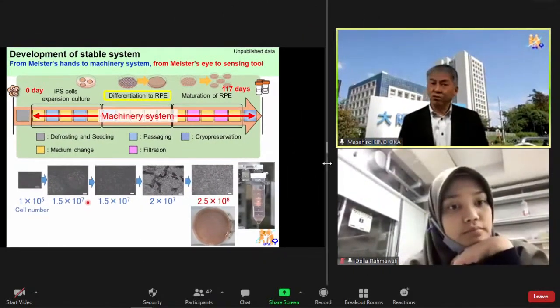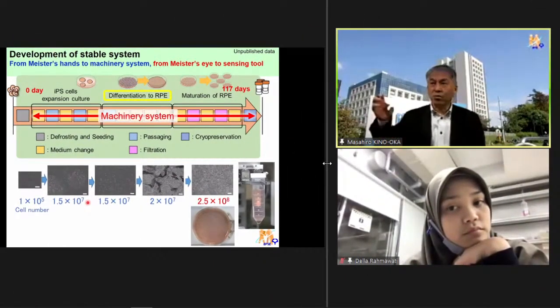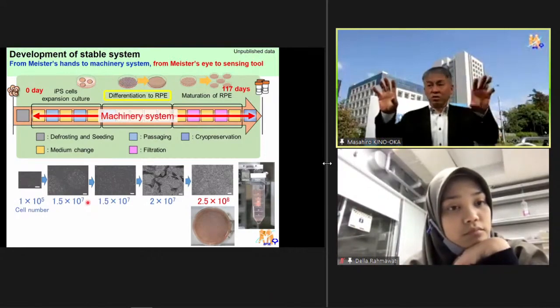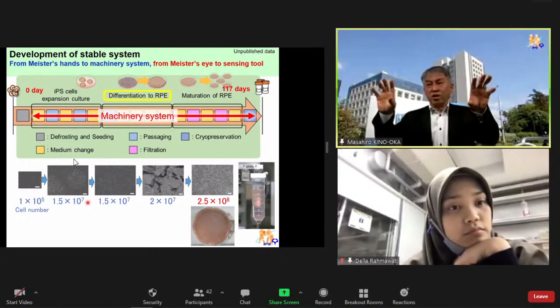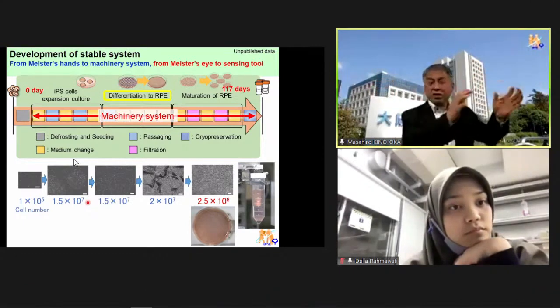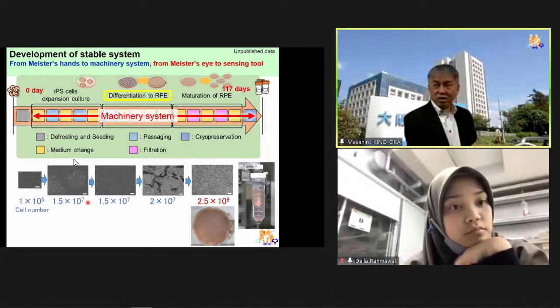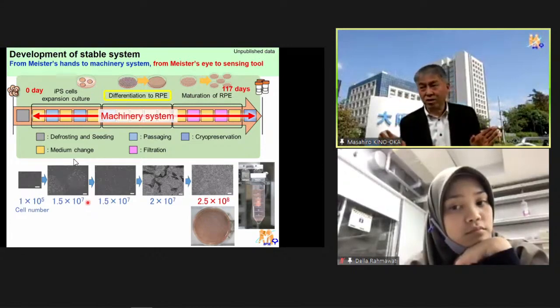Normally for the downstream, first we have to prepare the separation process and then the purification process. Both are important for processing to prepare the final product. But we don't have any separation system and a strong purification system.